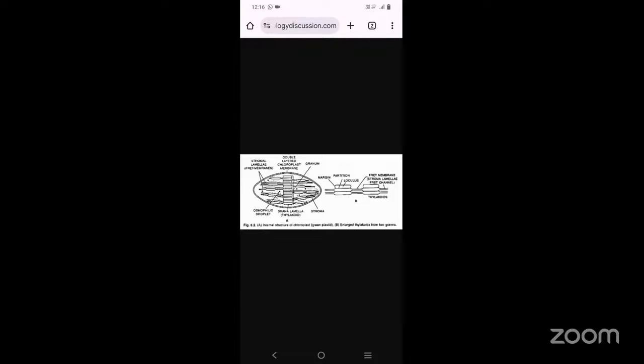Now, the absorption spectrum. All photosynthetic organisms contain one or more organic pigments capable of absorbing visible radiation, which initiates the photochemical reactions of photosynthesis. The amount of light absorbed by a pigment is plotted as a function of wavelength.